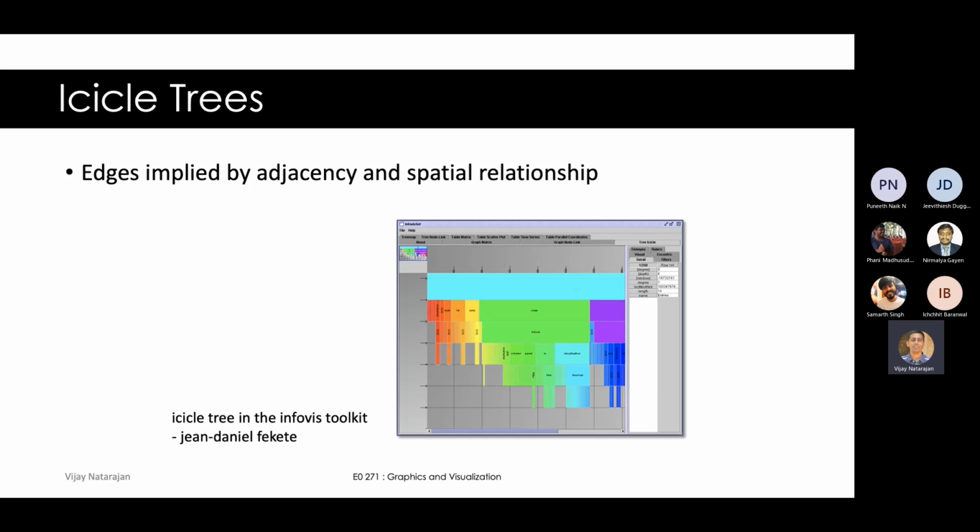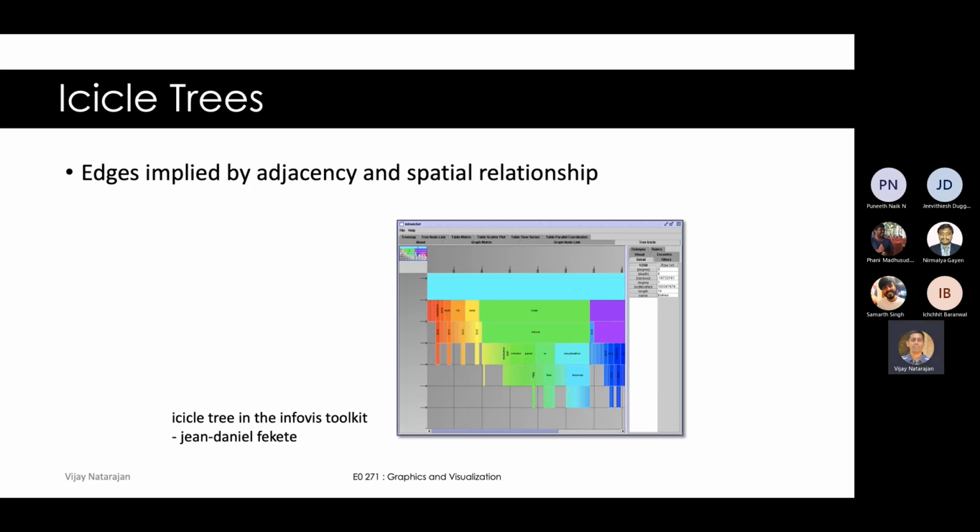This is quite popular. You may have seen this. The edges in your tree are implied by the adjacency between the blocks. So here the cyan block on the top is the root, and there is an edge between that block and the blocks on the next level because they are adjacent to each other.